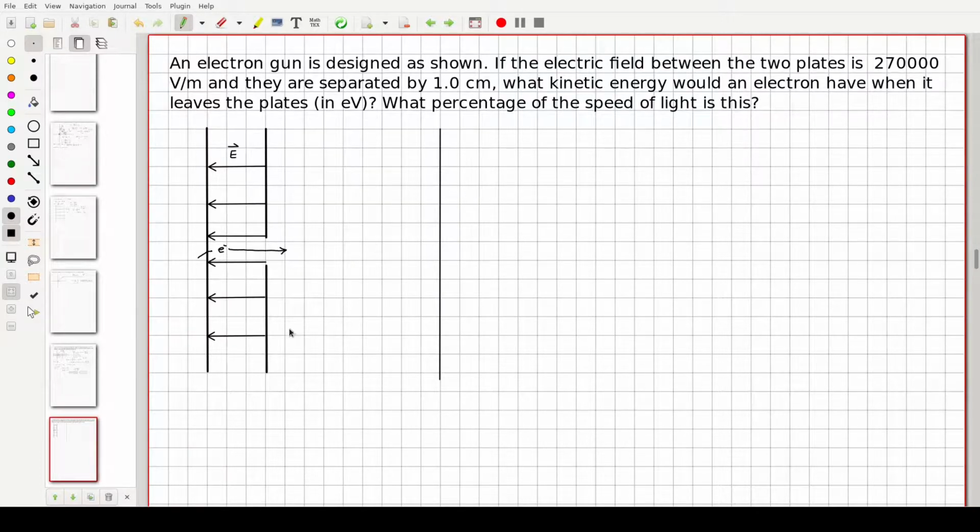So what we have here is a known electric field that sits between these two plates. We know that the field has a magnitude of 270,000 volts per meter.